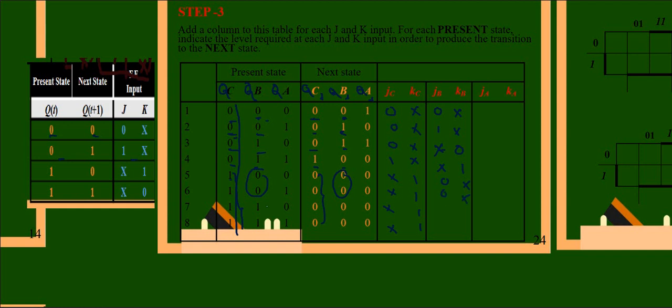And the last condition is 1 1 to 0 0 in both cases. So 1 1 to 0 0 is nothing but 1 to 0, so it is don't care 1 in these two conditions. This is how JBKB is written.